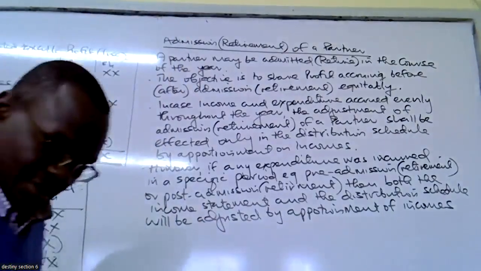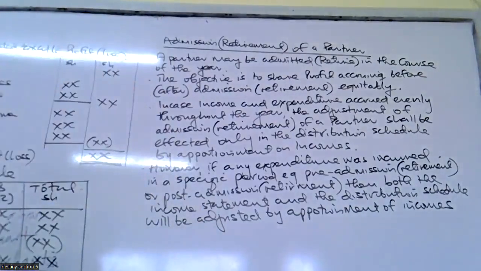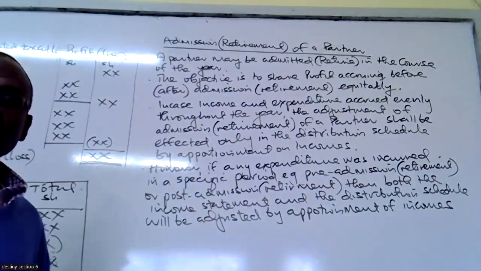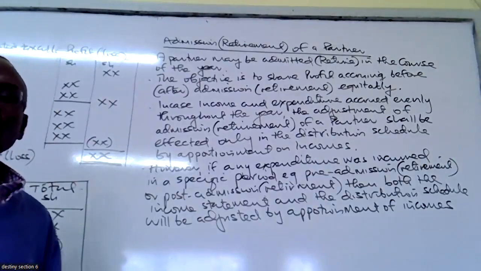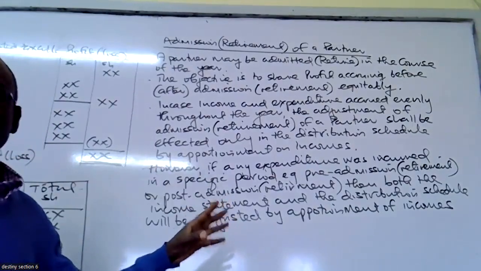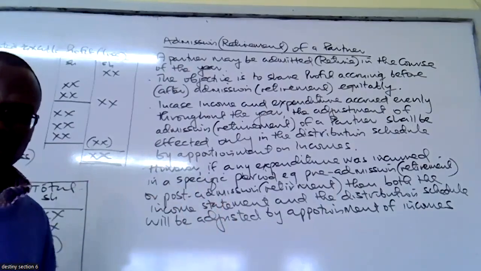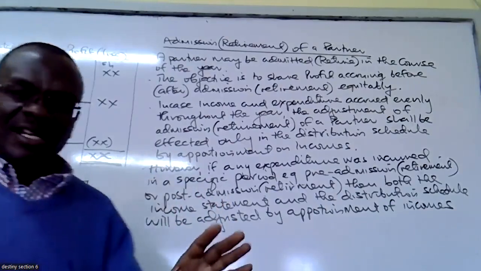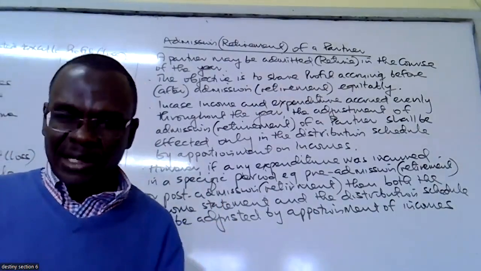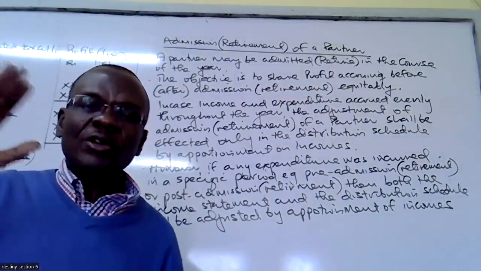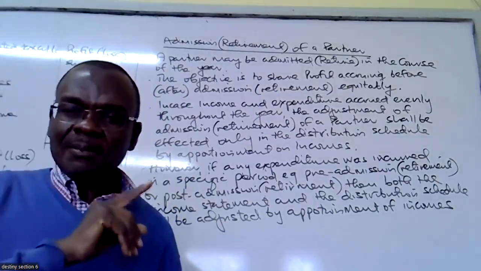So that's the treatment we are going to give to the income statement and the distribution schedule for admission or retirement of a partner, depending on the circumstances in the question. If all the revenues and expenses accrued equally throughout the year, then there is no need to adjust the income statement.